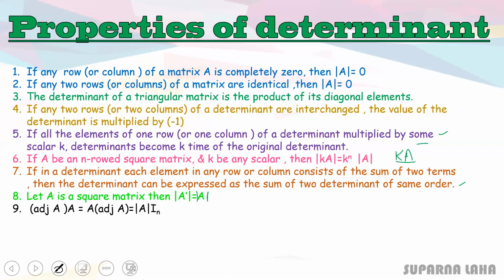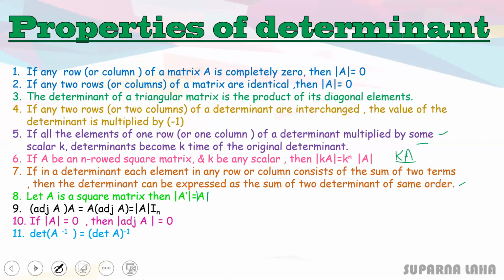And then if the determinant of A is 0, then the determinant of its adjoint is also 0. And next, the determinant of A inverse is given by the determinant of A, whole inverse.